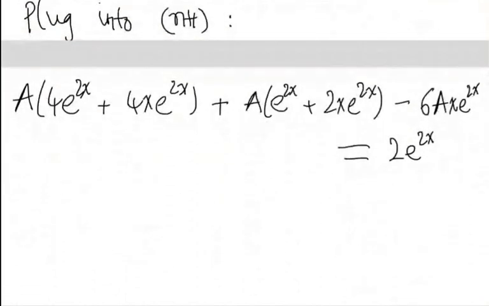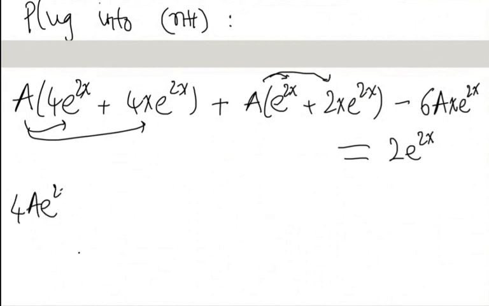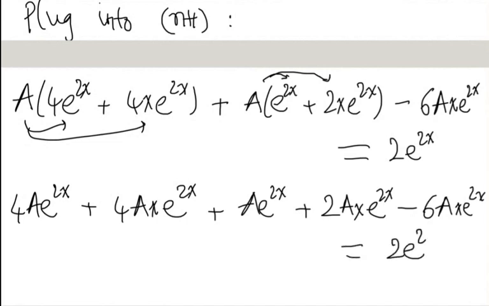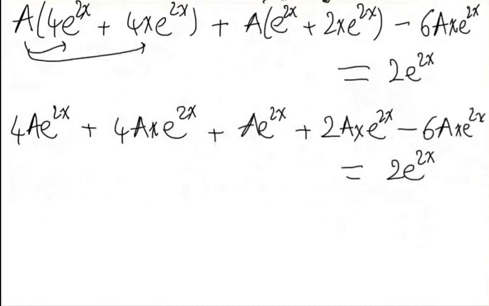Now do the algebra. Distribute and collect like terms. We have 4a e to the 2x plus 4ax e to the 2x plus a e to the 2x plus 2ax e to the 2x, and then minus 6ax e to the 2x, equal to 2e to the 2x. We will try to simplify things.